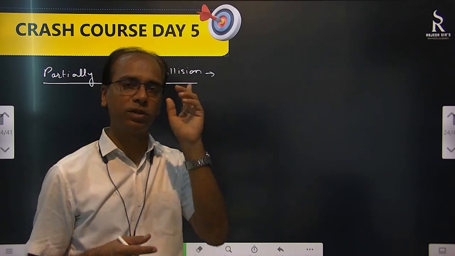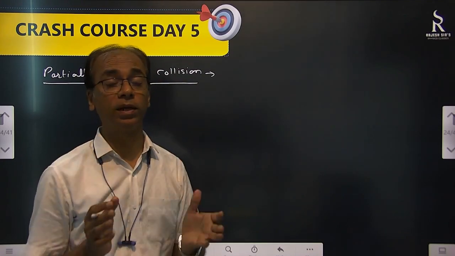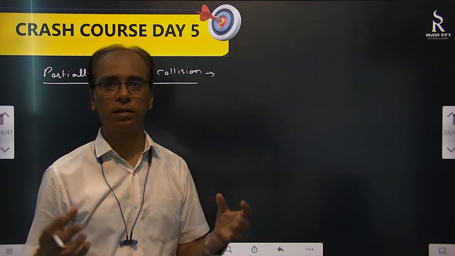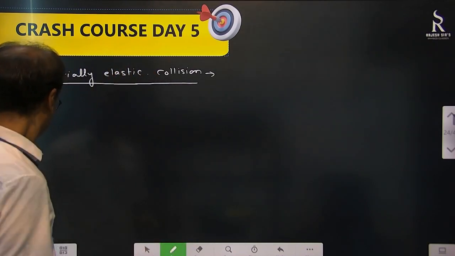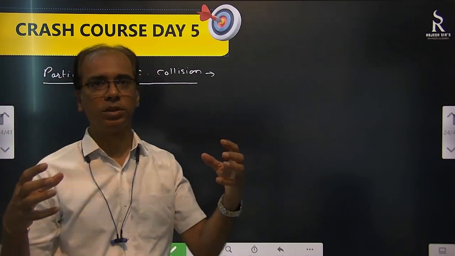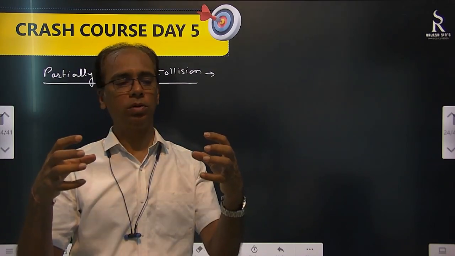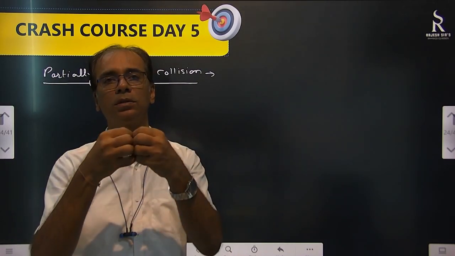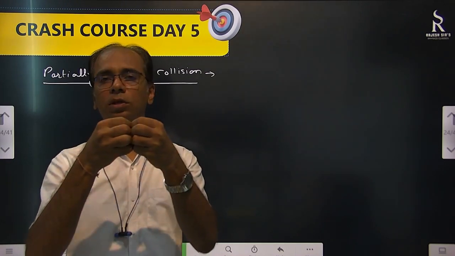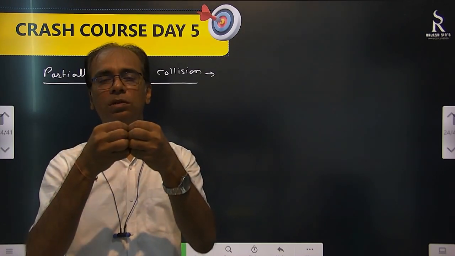In which collision? First one, perfectly elastic. Again, listen. Suppose my hands are showing you two objects. They are going to collide. During collision, they get compressed like this because both the bodies are applying force on each other.